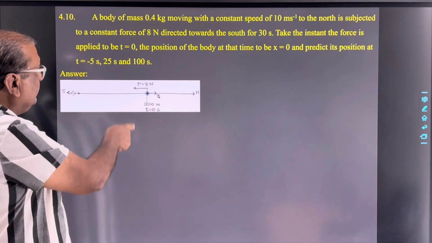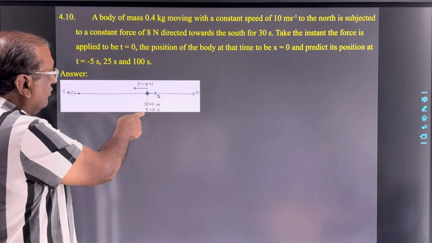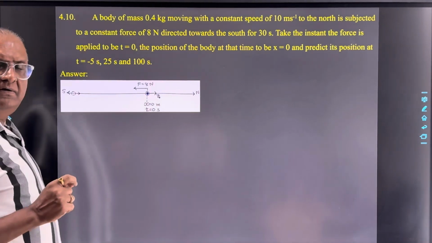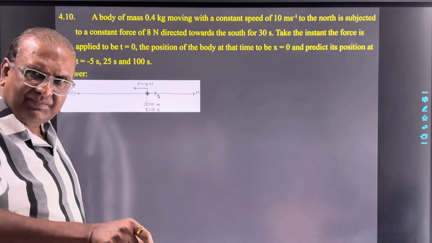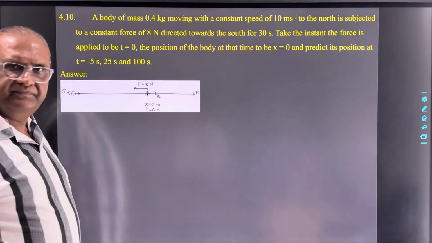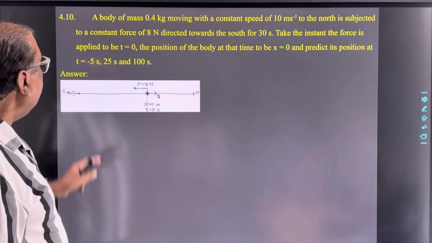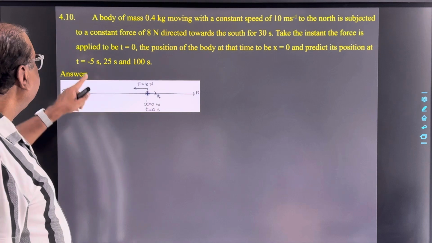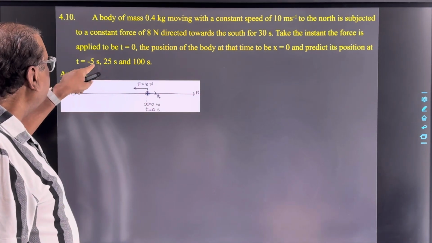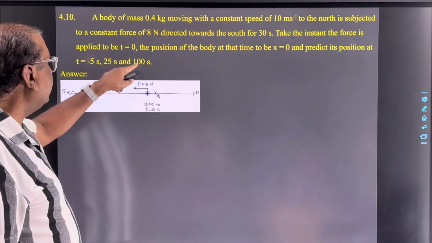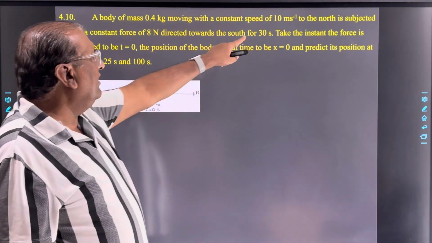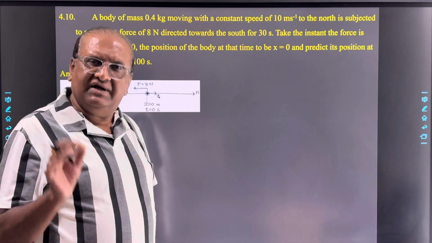So as soon as we apply the force, we have to take that instant as t equal to 0, and the position from where the force is applied, we have to take x equal to 0. Clear? Now we have to find the positions of the object at t equal to minus 5 second, 25 second and 100 second. Here the force is applied only up to 30 seconds.